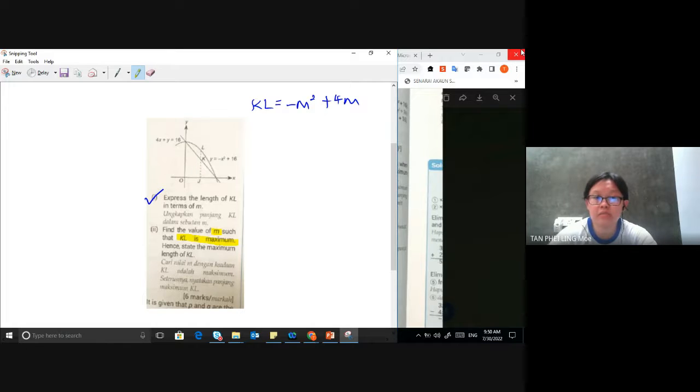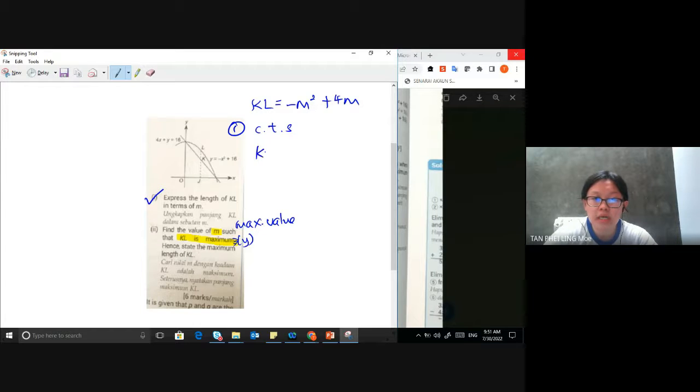So with this word maximum, you know you have to relate it to completing the square so that we can find out the value of y. The maximum length means the maximum value. Whenever we refer to maximum value, it always refers to the y in completing the square. So in your mind, you have to know that you have to do completing the square. Let's do it.